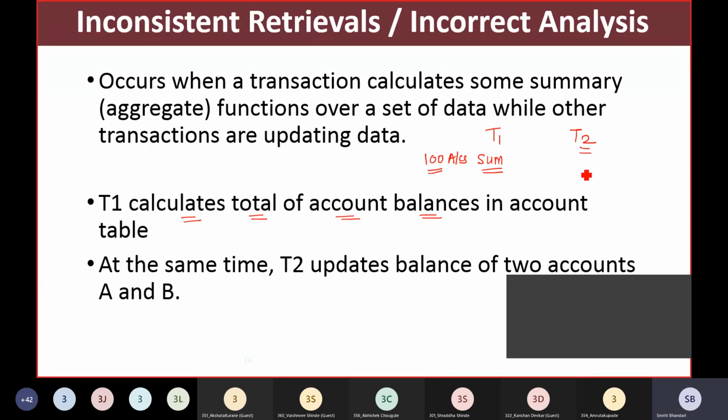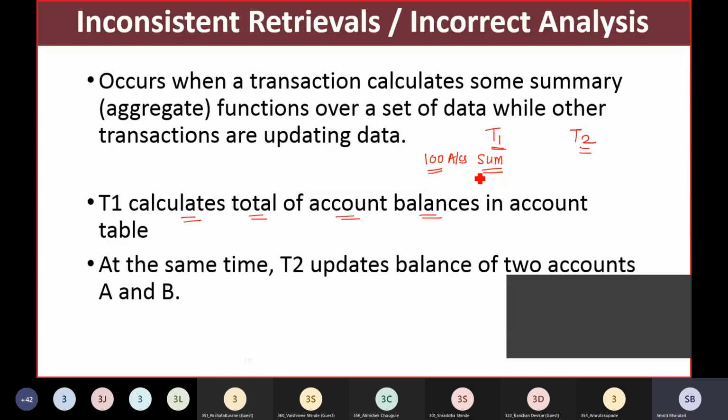And what my transaction T2 is doing? My T2 is updating the balance of some accounts. So T2 is updating the balance of two accounts, say account A and account B, right?